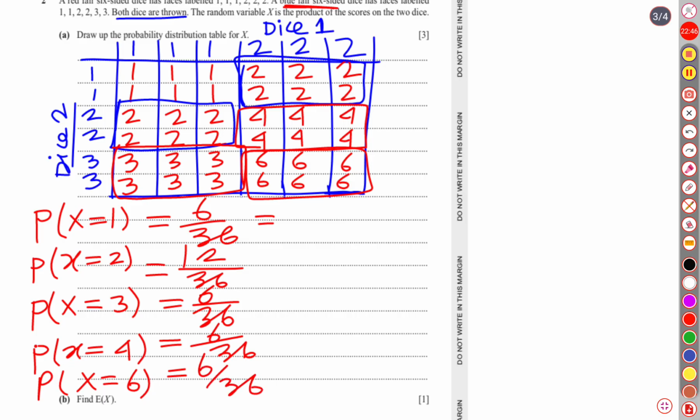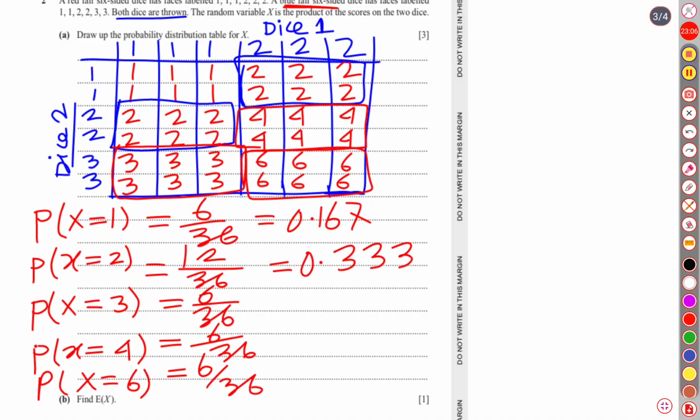Now if we divide 6 by 36, our probability is going to be 0.167. And if we divide 12 by 36, it is going to be 0.333 because this is 1/3.